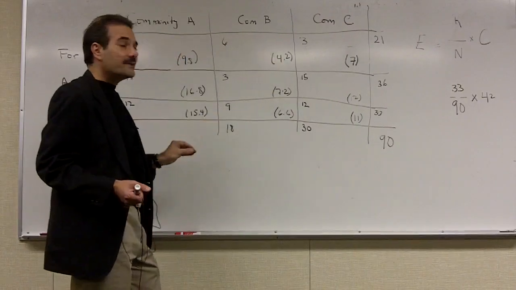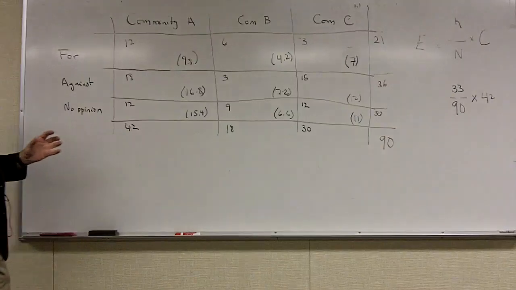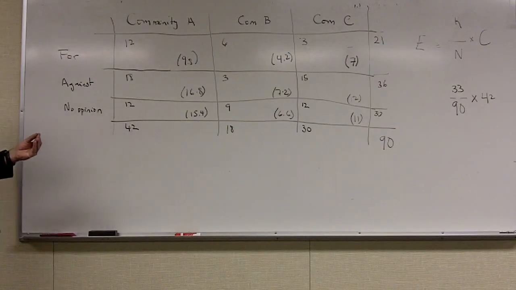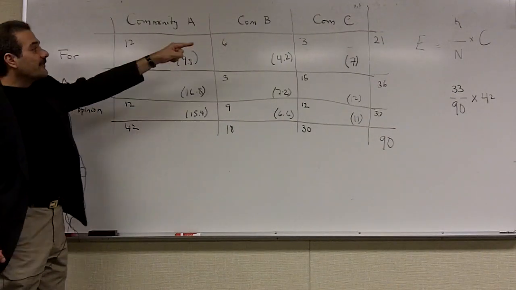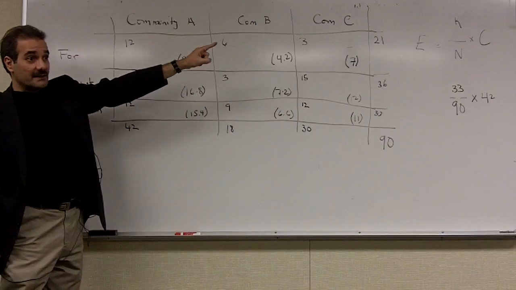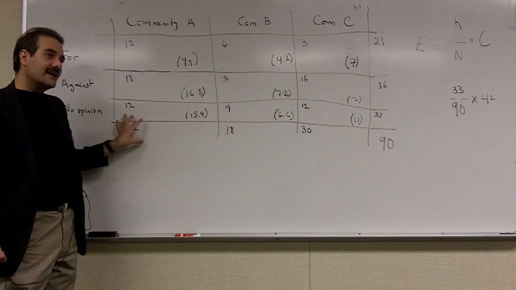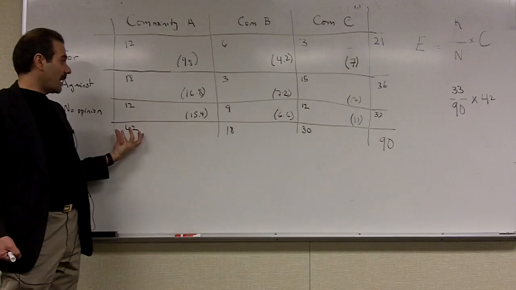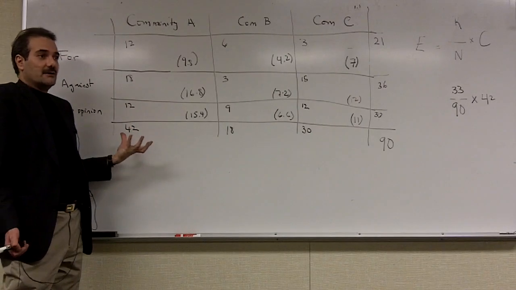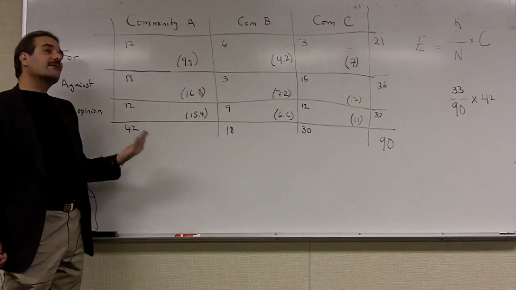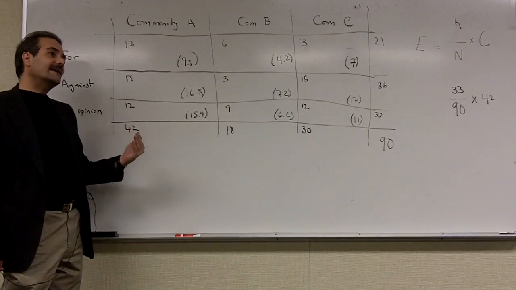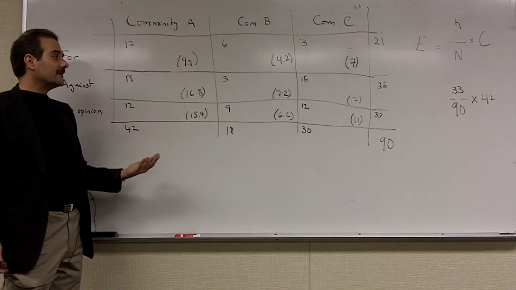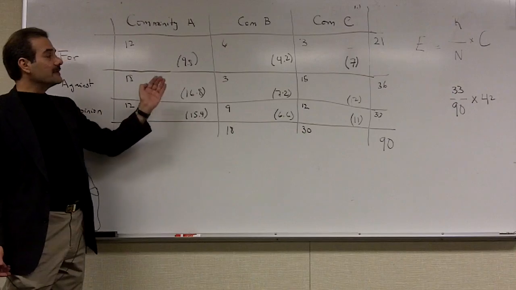And so it's distributed. You find your expected value based on a proportion of the total row values in relation to how many people you have in each community, or your column values. That's what the formula is all about. It's finding a proportion of people.